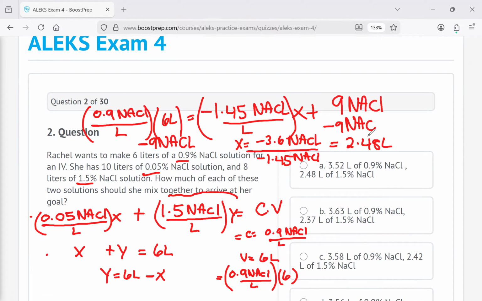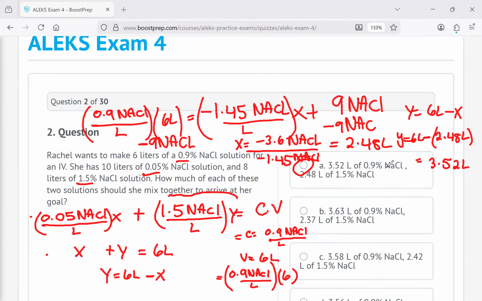And then you're going to solve for y, so y equals 6 minus x, and x is 2.48 liters, so it gives you 3.52 liters. So that means that would be letter A. A is going to be 3.52 liters of 0.9 NaCl and then 2.48 liters of NaCl.